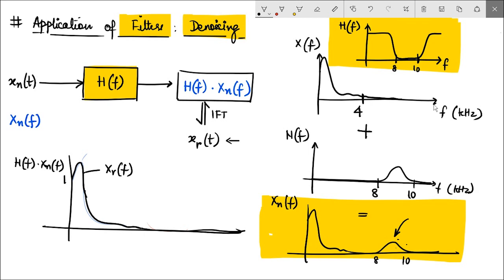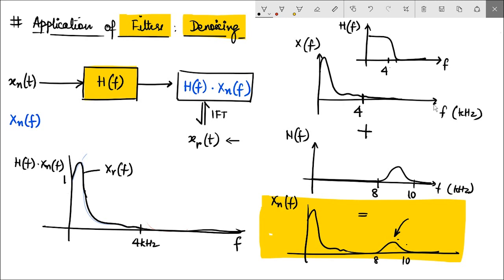In this particular case, we could have also used a low pass filter, because the signal does not have any high frequency content. It's already zero, so there's nothing to preserve above 4 kilohertz. We could have used a filter that preserves everything up to 4 kilohertz and suppresses everything above it. This would also have worked, because 4 kilohertz is somewhere around here.